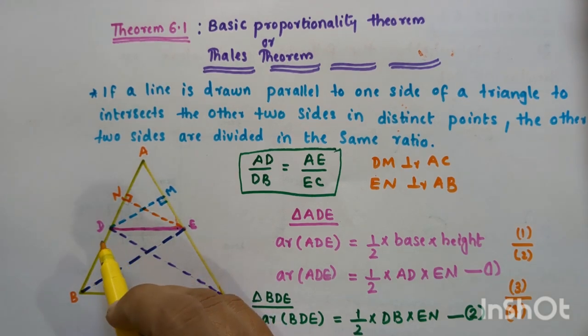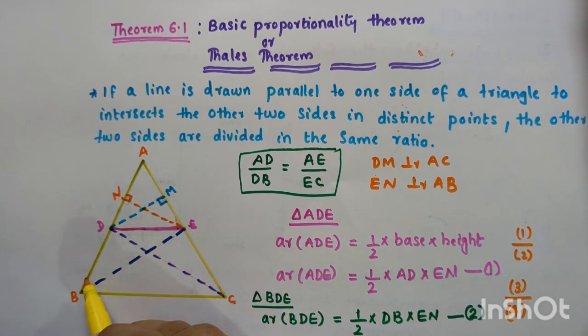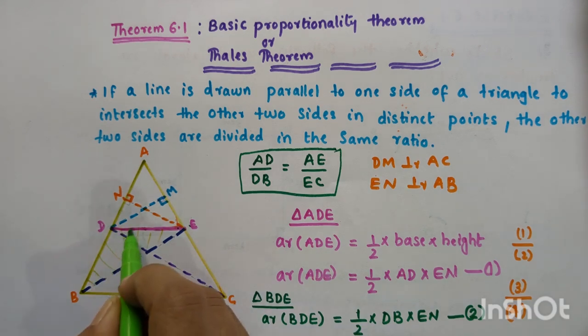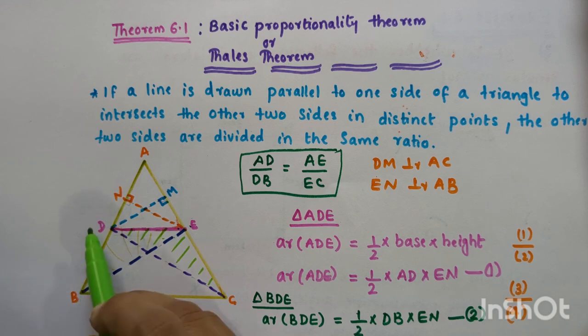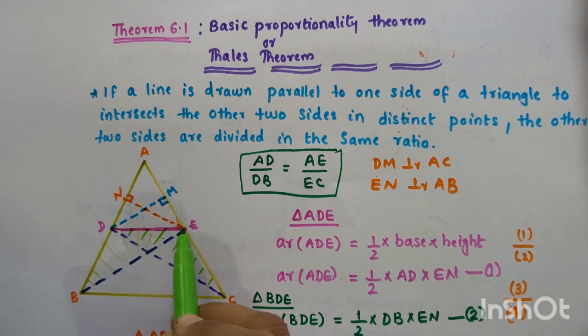Now, consider this triangle BDE and this triangle DEC. You see, these two triangles have the same base DE. For the triangle BDE, we have the base DE.